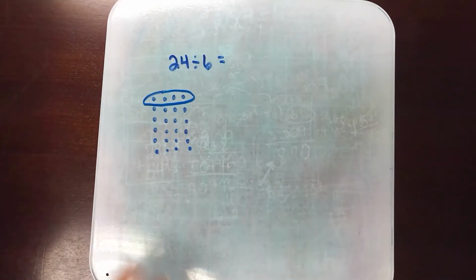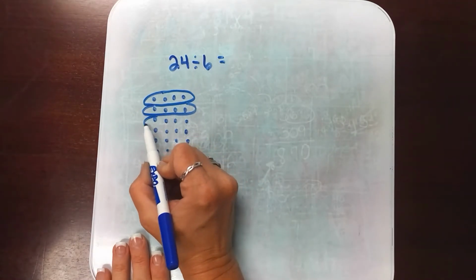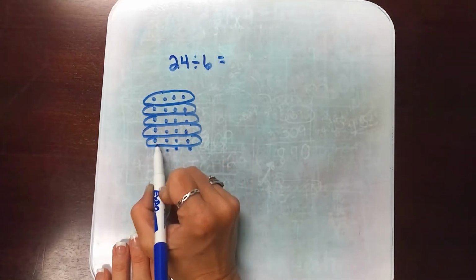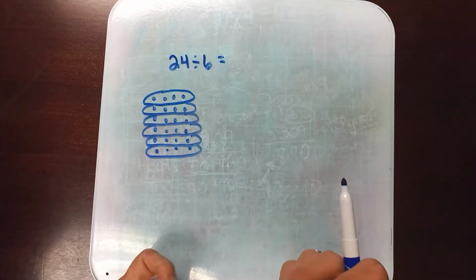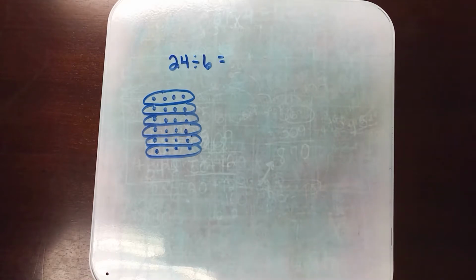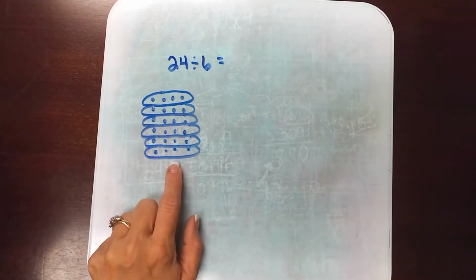Right? That may be an array that they see, and that is 24 divided by 6 is 4. Okay, so they could see an array for division. They could see an area model, equal groups, and using the recall of facts. To represent, this may be one way a problem is represented.